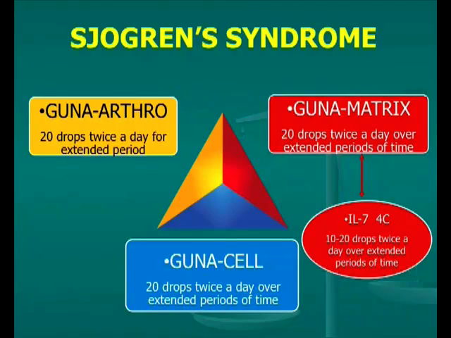With Guna Cell, we shall prescribe 20 drops morning and evening in both, and here again, they may need to be used for a very prolonged period of time according to the symptoms, ocular, oral, or so on.